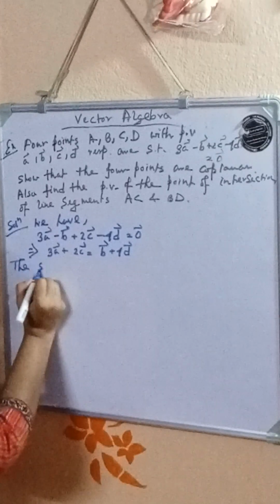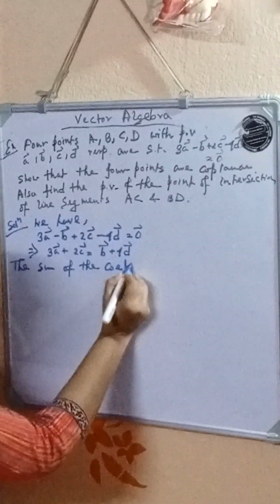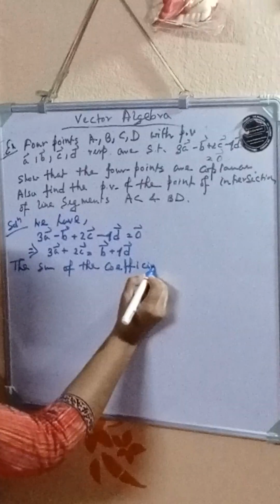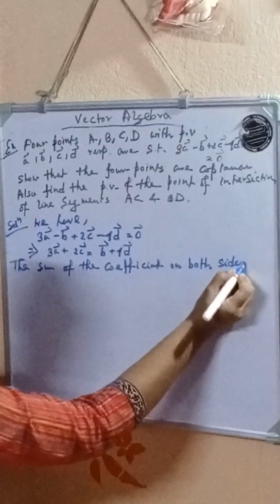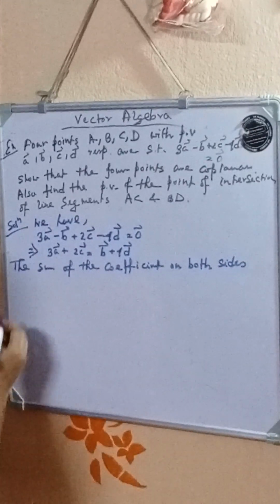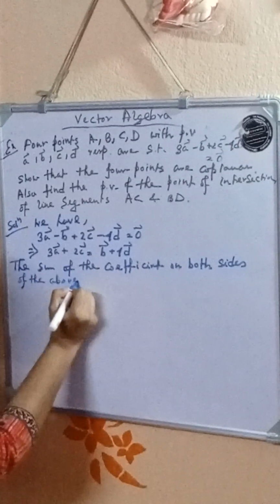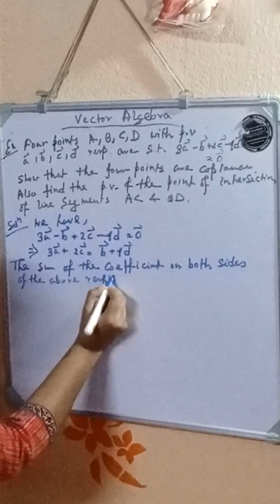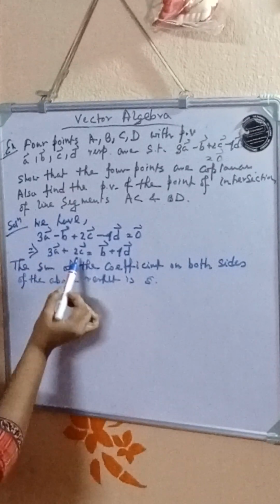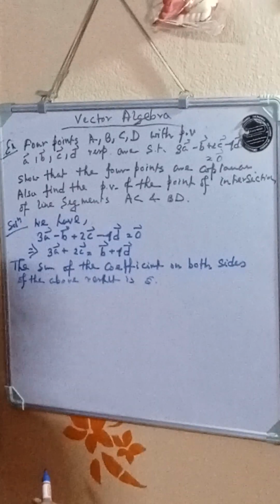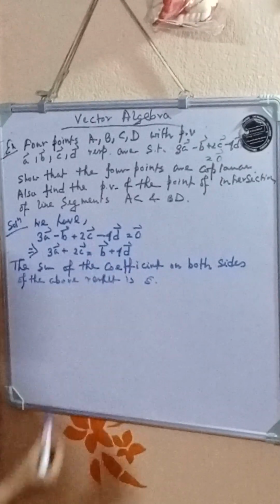The sum of the coefficients on both sides of the above result is 5. Coefficient of A vector 3, coefficient of C vector 2, 3 plus 2 is 5. And here the coefficient of B vector is 1 and of D vector is 4. Therefore 4 plus 1 is 5.